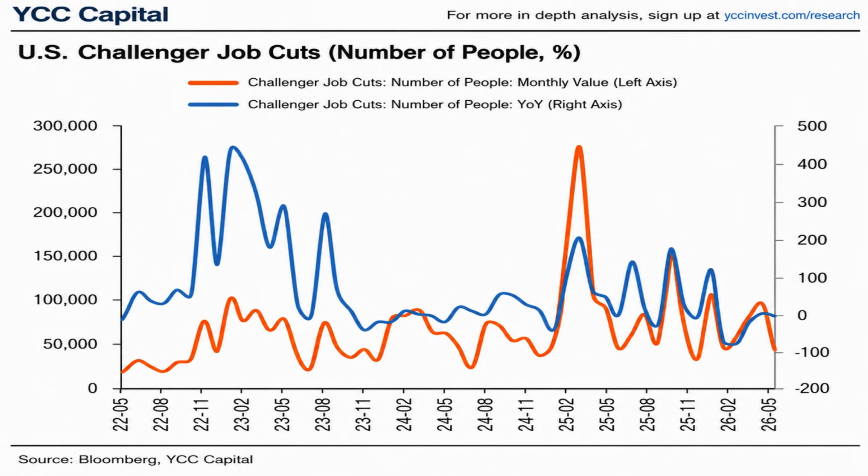This explains one of the defining characteristics of the current cycle. Businesses have become cautious about expanding payrolls, but they remain equally cautious about reducing them aggressively. That behavior helps explain why unemployment has remained relatively stable despite slower economic growth.